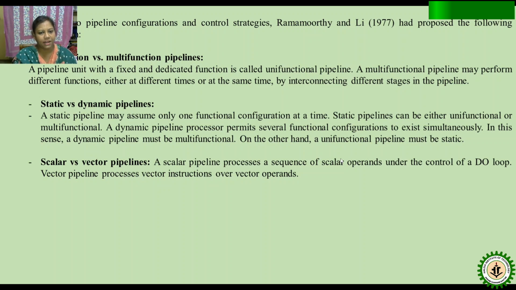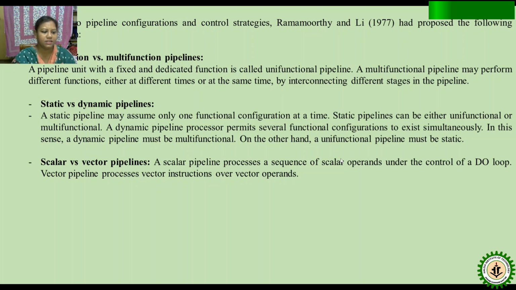But a dynamic pipeline permits several functional configurations to exist simultaneously. In this sense, a dynamic pipeline must be multifunctional, such as addition, subtraction, multiplication, and logical operations. On the other hand, a unifunctional pipeline must be static. Generally, unifunctional, a single operation, is static, and multifunctional is dynamic.